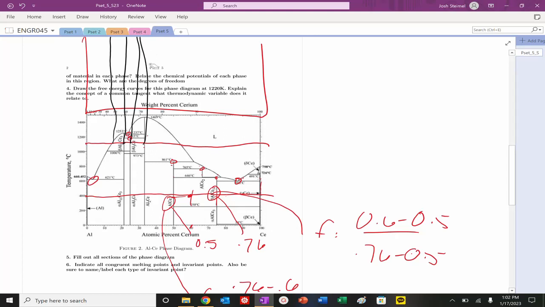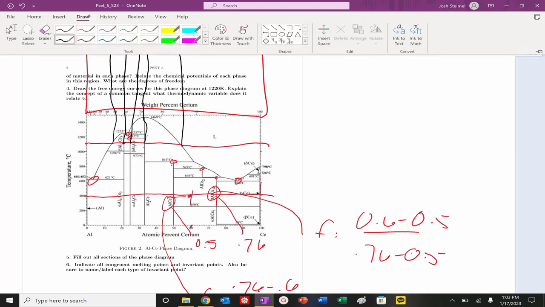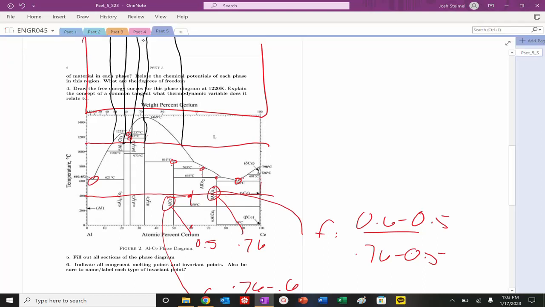Oops, let me clear that up a little bit. And then here to here. Same as last time. So those are my single phase, 2-phase region here, 2-phase region here, 2-phase region here, 2-phase region here, single phase. So I can just draw a common tangent.